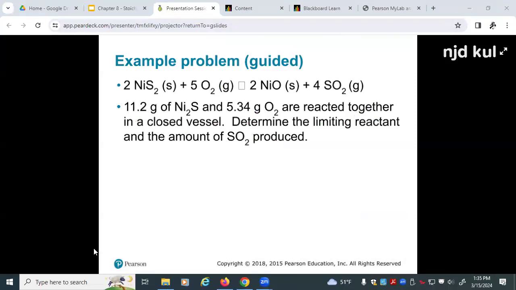So take this for example. I've got nickel 4 sulfide reacting with oxygen to make nickel 2 oxide and sulfur dioxide. We've got 11.2 grams of nickel 4 sulfide, or excuse me, nickel 1 sulfide. Wait, which one is it?